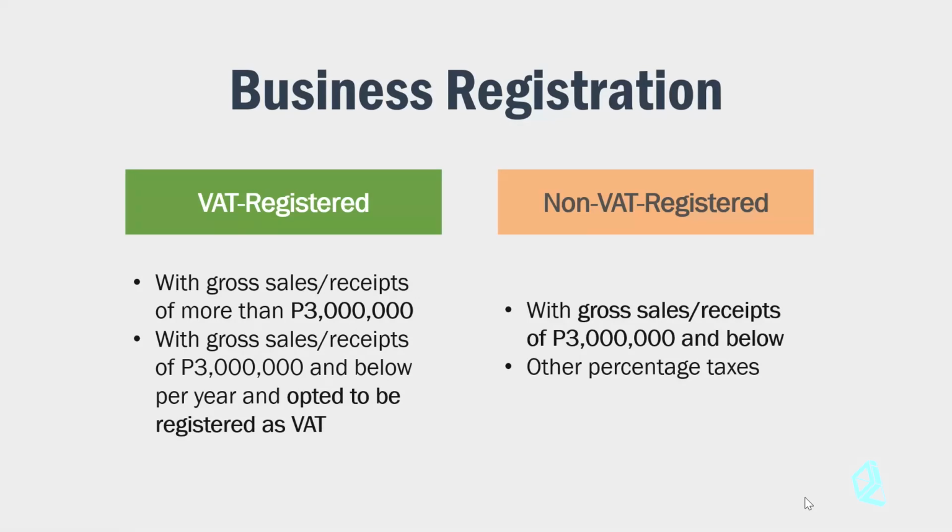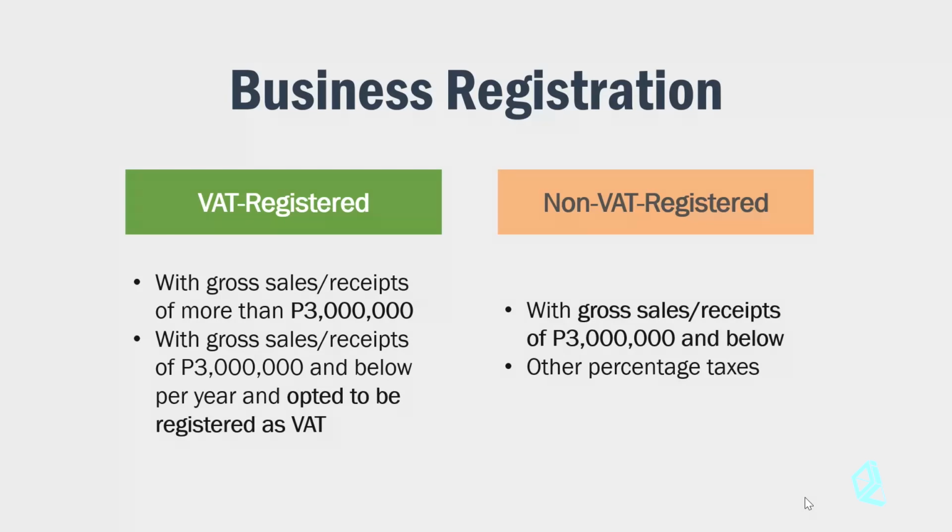So if you're a VAT-registered business, this means that you expect or your actual sales have already reached more than 3 million pesos. So remember, that is the so-called VAT threshold. So if you reach more than 3 million pesos, you have to register as a VAT registered taxpayer.